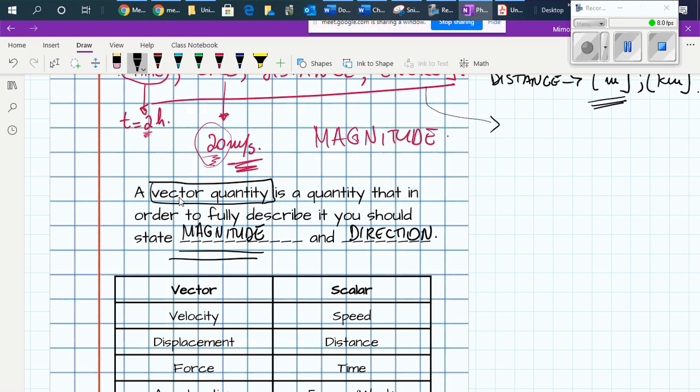So that numerical value, 20, 15, 2 hours, 2 meters per second, and so on. But you have to state the direction. The direction can be stated in different ways, but in order to fully describe a vector quantity, you need to have both of those parts.